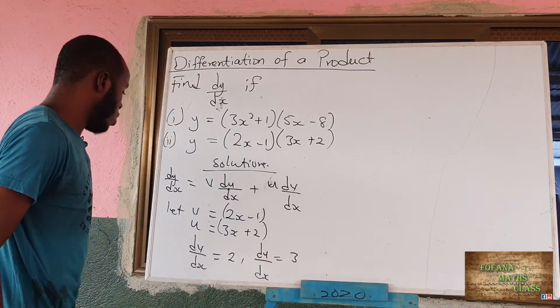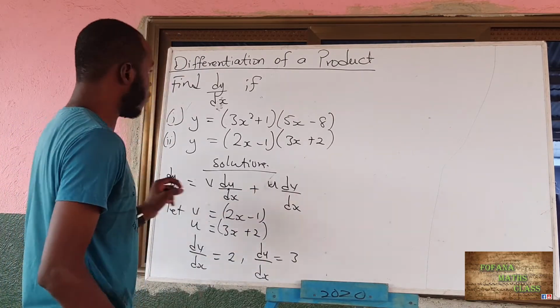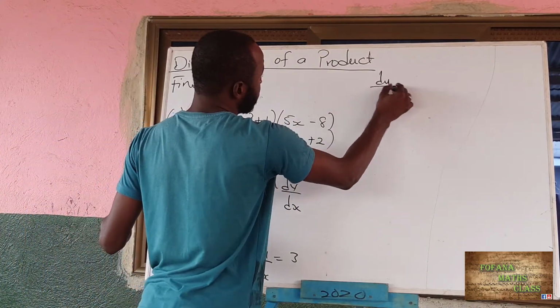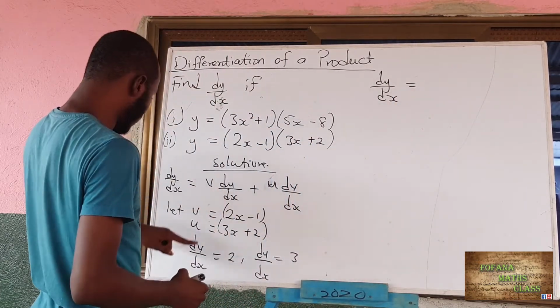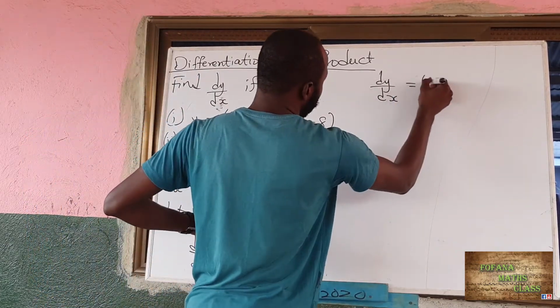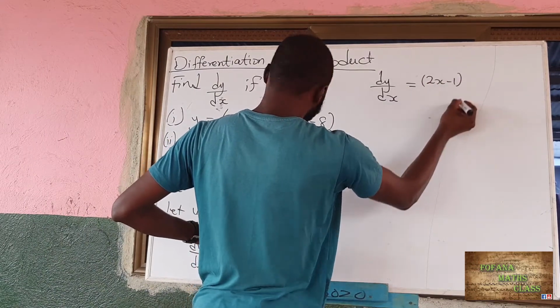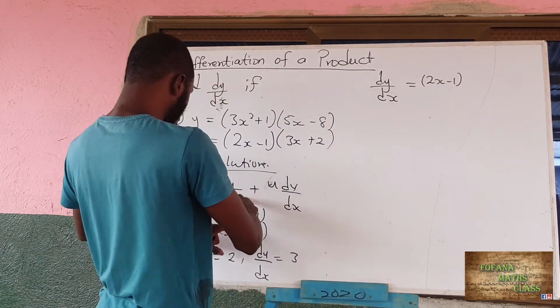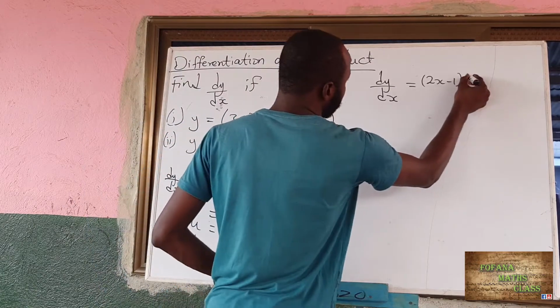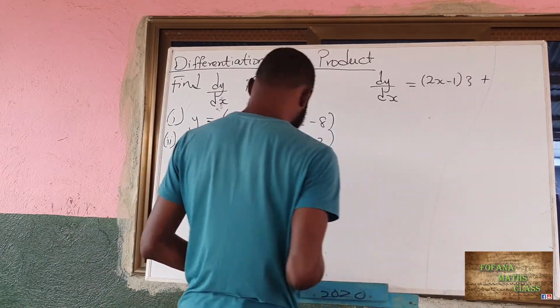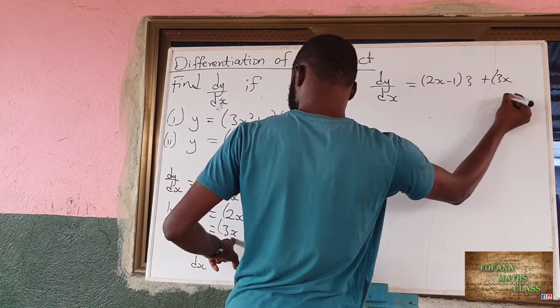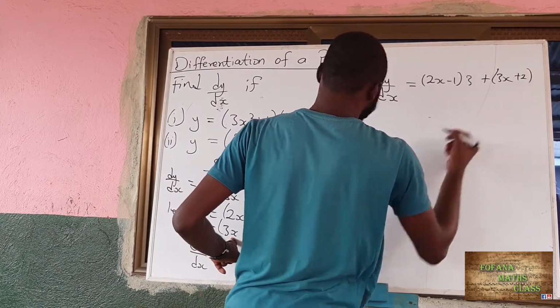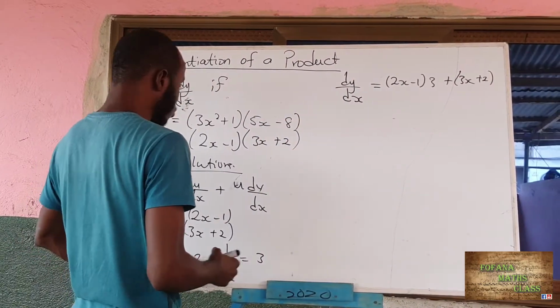So now substituting these values into the formula, we have dy/dx equal to v, which is 2x minus 1, times du/dx, which is 3. Then plus u, 3x plus 2, times dv/dx, which is 2.